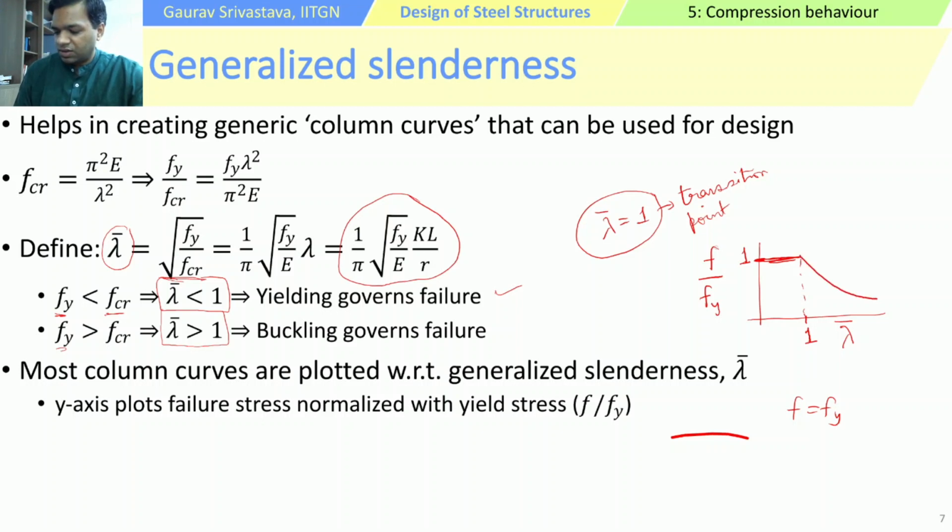So this is one more thing which is done for standardization, where on the y-axis, instead of the critical stress, what is plotted is failure stress divided by the yield stress, right? In the yielding region it is simply 1 because it is Fy by Fy, and in the buckling region it is simply Fcr by Fy, the critical buckling stress by Fy.